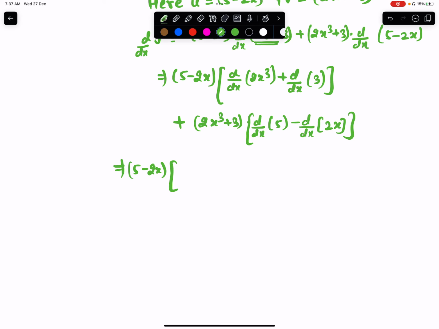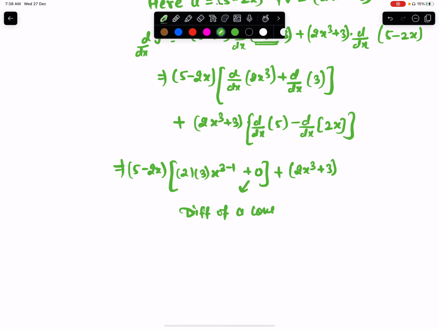We can write it as 2 into 3x raised to the power 3 - 1, plus differentiation of 3 is 0, since the differentiation of a constant number is always 0.